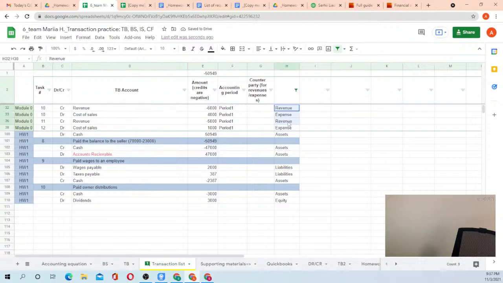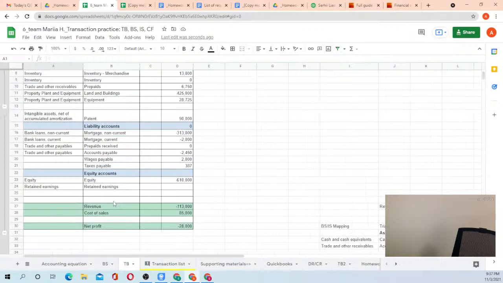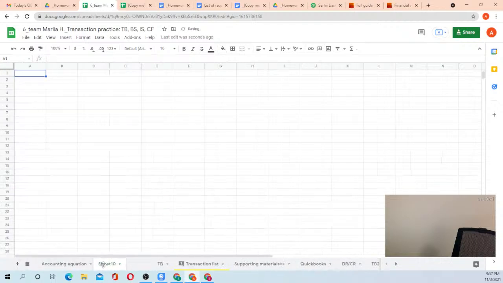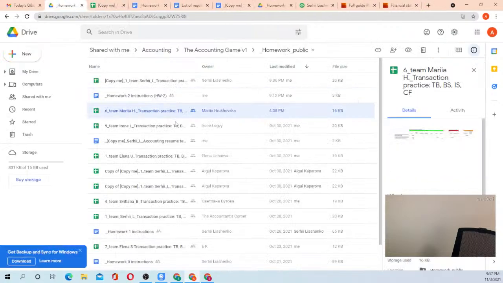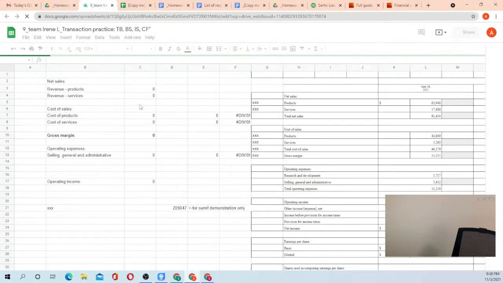So Maria has some revenue and expense accounts here. Let's see if she has that. Yeah, she has that on the trial balance, but she hasn't created an income statement tab yet. So I will help her a bit. But that's it. It's her homework. So I don't think anyone did an income statement so far.